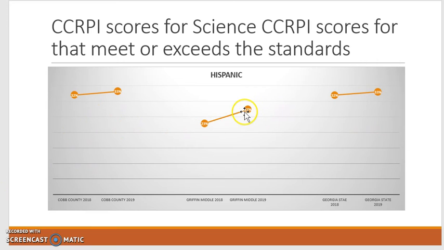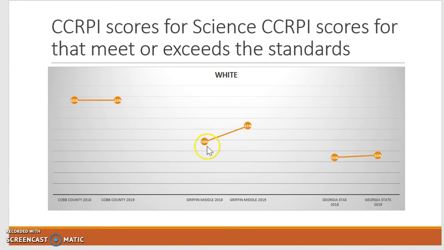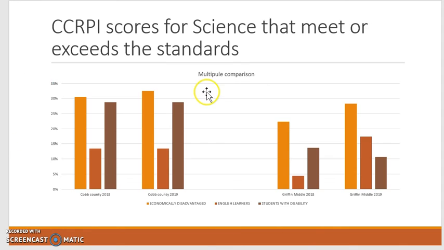For the Hispanic population, on the CCRPI, we saw some increases. For the white population, though they scored under the county, who did outperform the state.